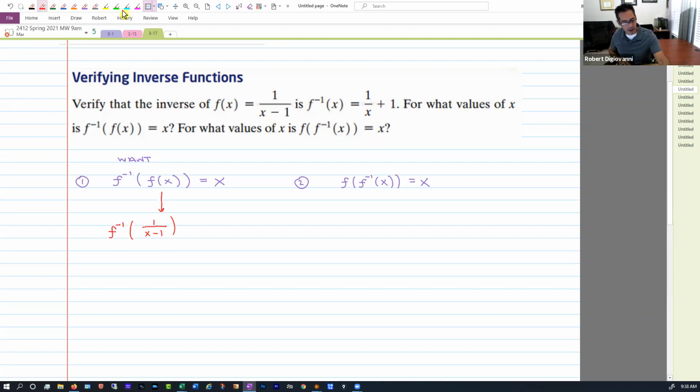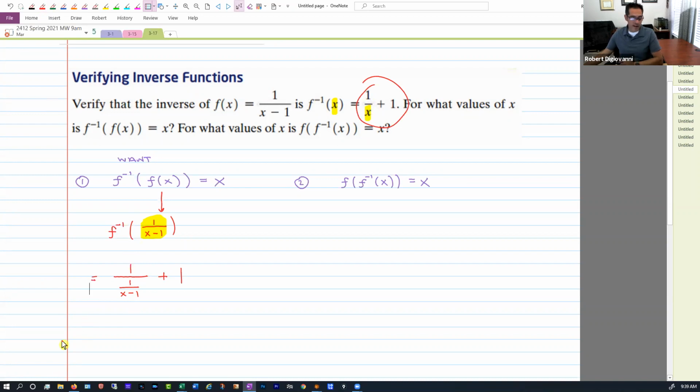Now I'm going to take that answer and plug it into the inverse function. So I have to replace that x with that weird expression. It's 1 over, but instead of x, it's all of that, 1 over x minus 1, and then the whole thing plus 1.